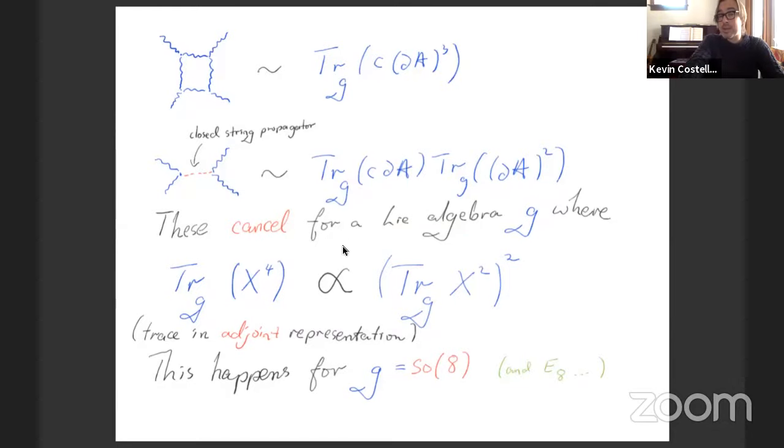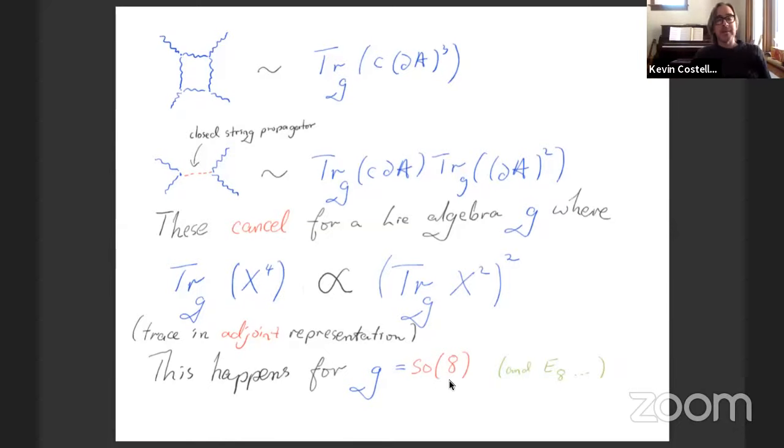So these 2 things will cancel as long as the trace of x to the 4th is proportional to the trace of x squared, squared. Now it's important that this trace is in the adjoint representation. This trace up here is in the adjoint representation. For this one, it doesn't really matter what representation you take the trace in because they're all proportional to each other. So for some algebras this happens, some it doesn't.